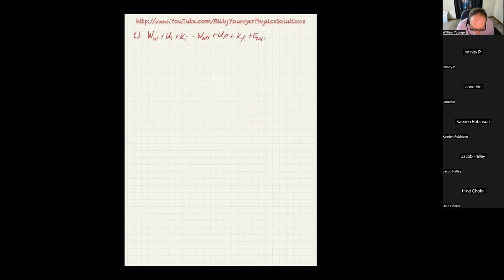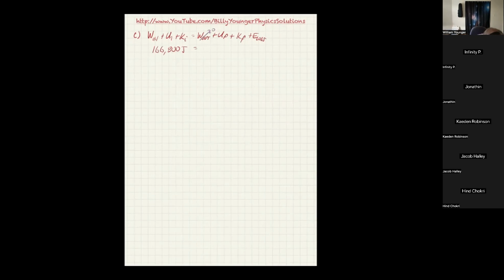So what I'm doing right now is I'm going to assume that it comes to a stop after some distance with an energy loss, and I'm going to assume that energy loss comes from 50 meters. Therefore, if I actually do get a zero, then I'll know that it didn't make it. So I'm going to say 166,800 joules is equal to the work out is going to be zero.